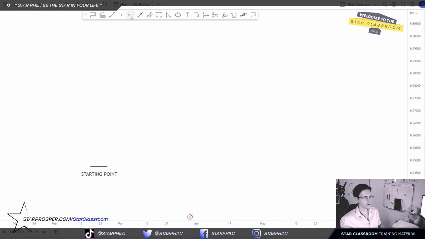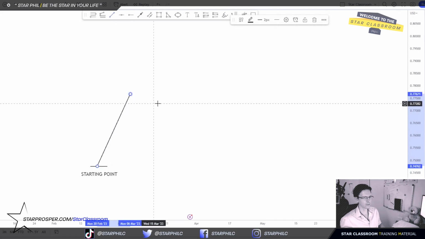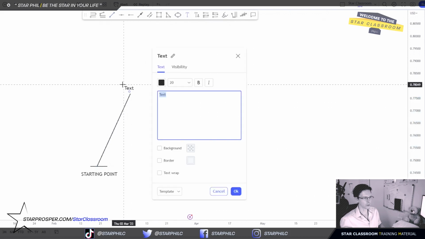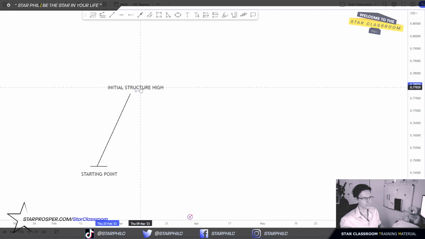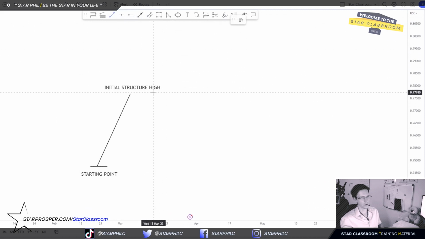Second, we have a move towards the upside, right? So we have a starting point here, and then we have a move towards the upside. And this is giving us an initial structure high. Now right here, we don't know if we are within a trend or not. Not yet. This move is our impulse leg.